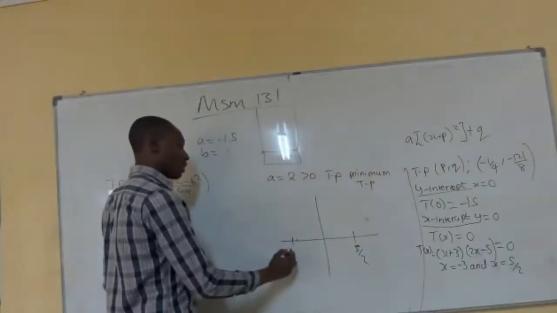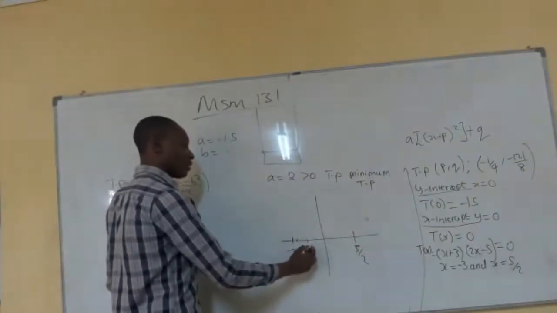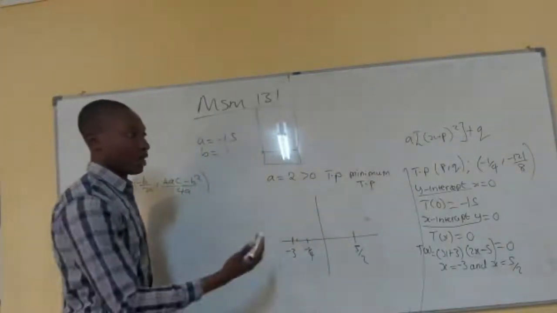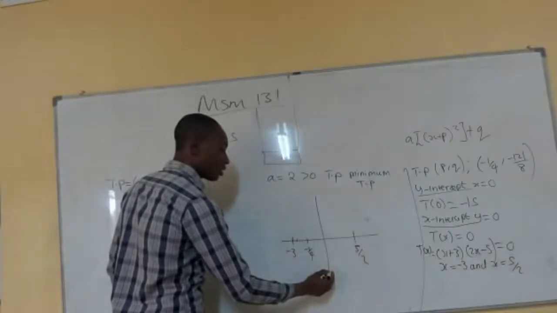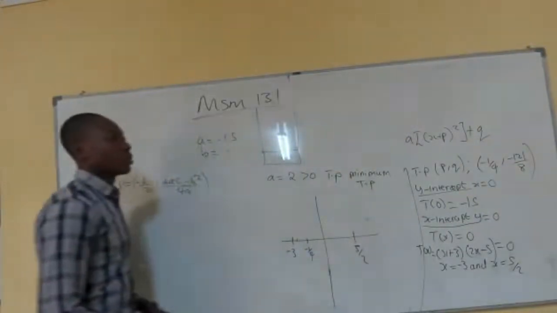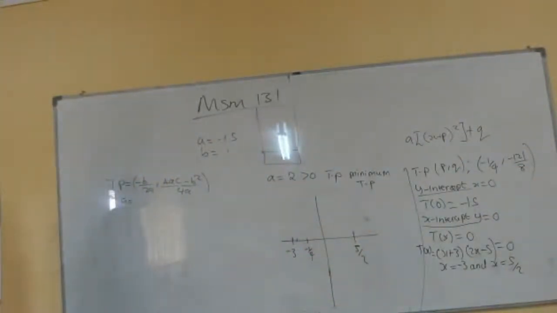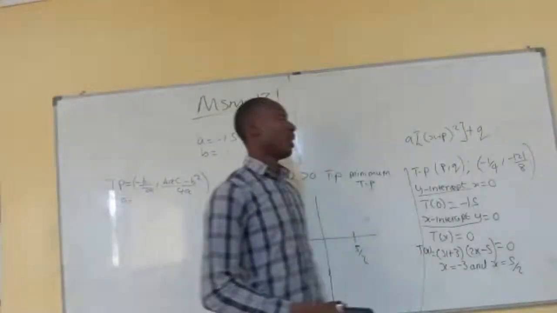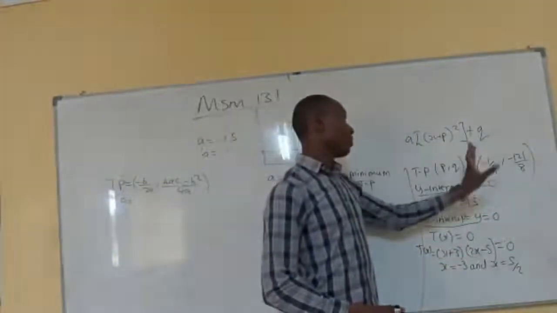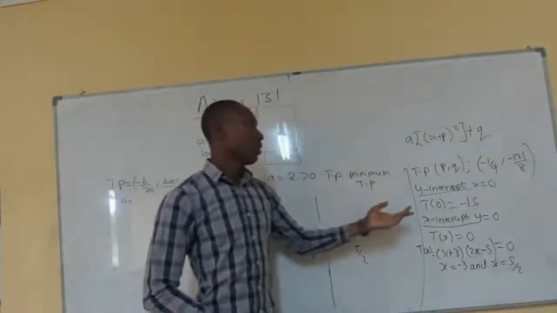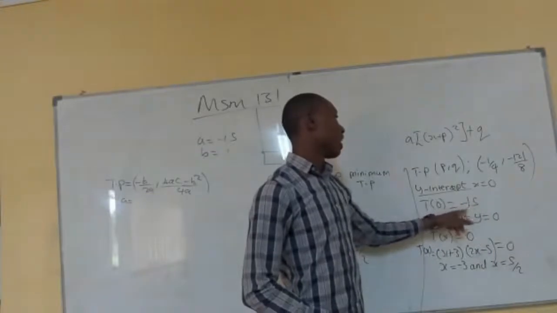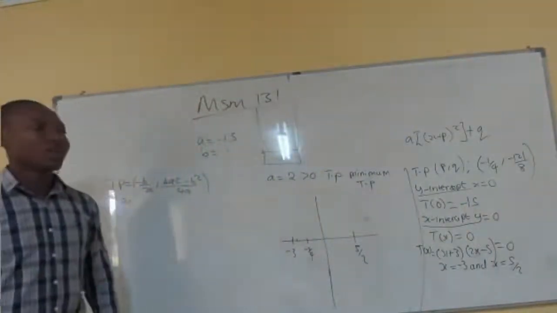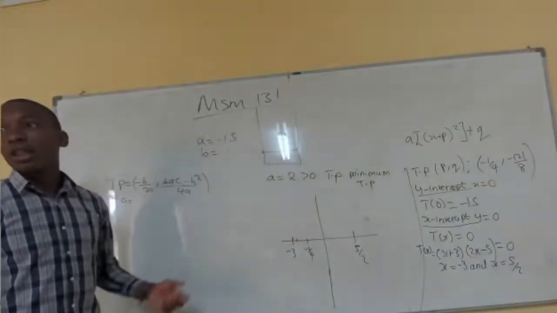Let me put negative 3 here, then negative 1 over 4 will be somewhere here. We know that the y-intercept is negative 15, and since 15 times 8 is 120, this negative 15 is lower than our turning point.